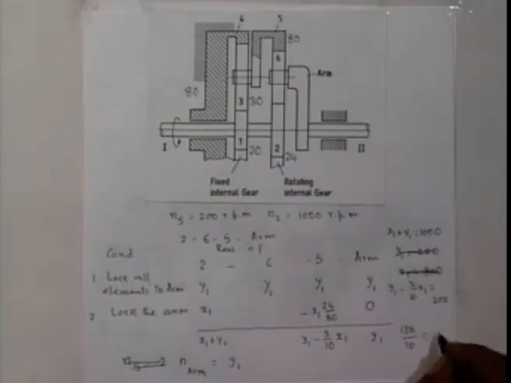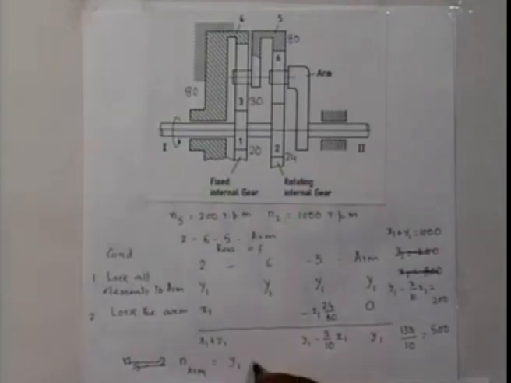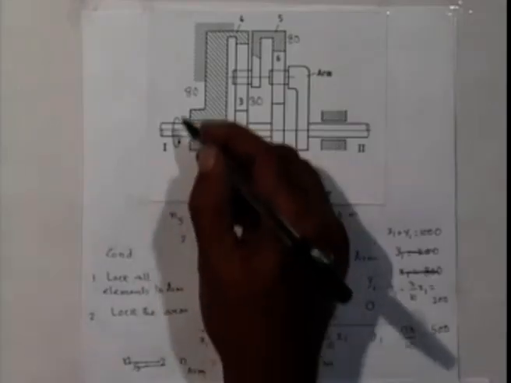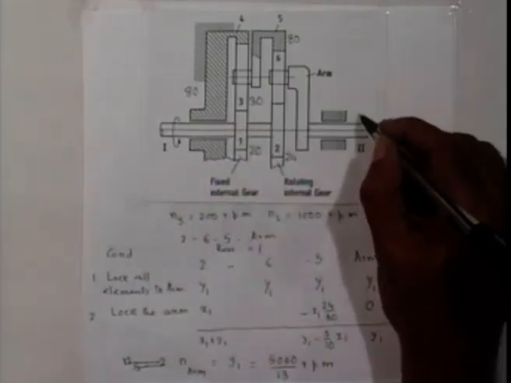So 300 plus 200 is 500. So y1 is 5000 by 13 rpm. Because it is positive, that means it is in the same direction.